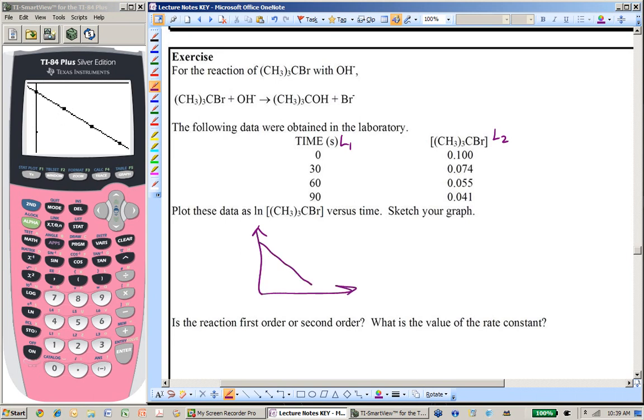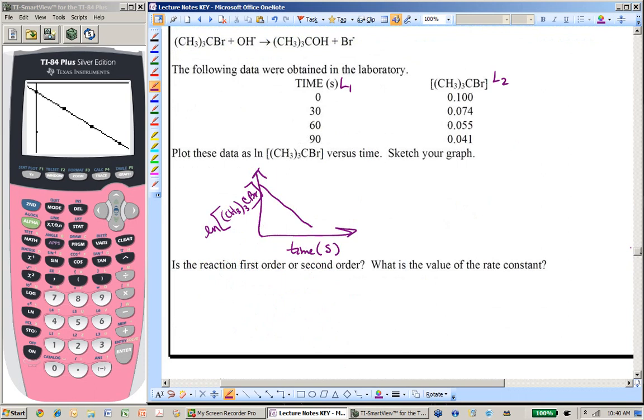Pretty easy to sketch. All right, you need to label these axes. These are time. Look at your data table, go ahead, look at it in seconds. And this is ln of CH3 3 times CBr. There's my sketch. Is the reaction first order or second order?